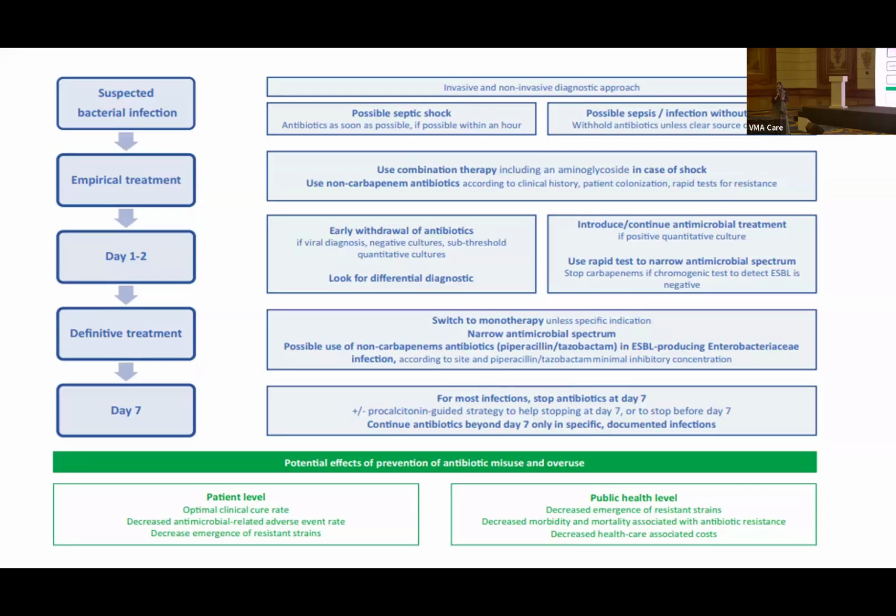And usually by day 7, we need to evaluate the duration of therapy because most of these infections can be treated within 7 days. So by day 7, we need to have a plan for when to discontinue antibiotics. This is one of the things that in the ICU we usually miss. We keep the patient on antibiotics until he's discharged from the ICU, and this is a wrong practice that increases the risk of resistance.